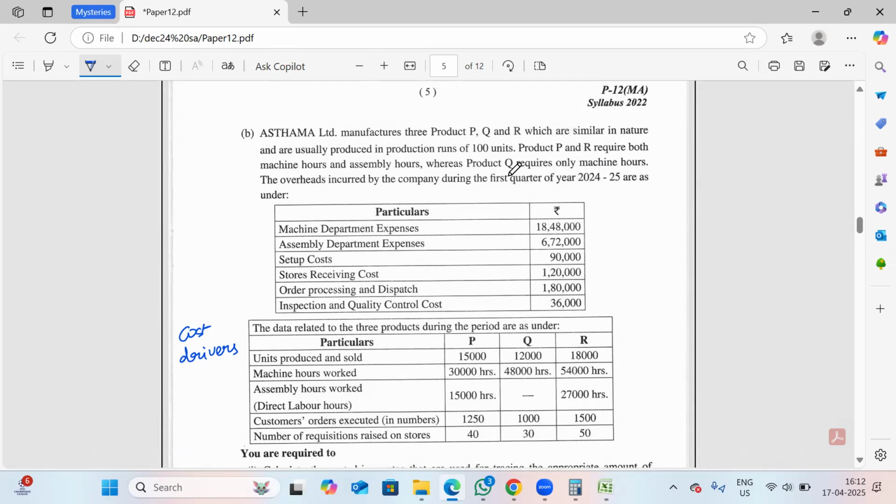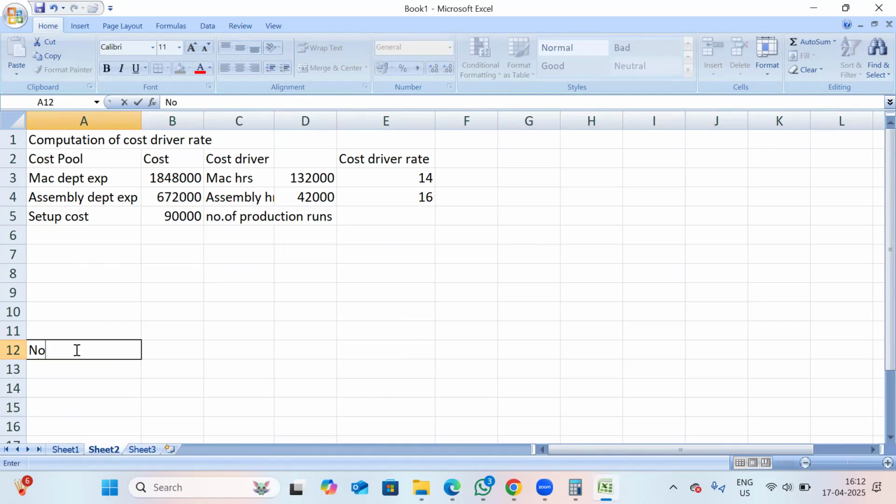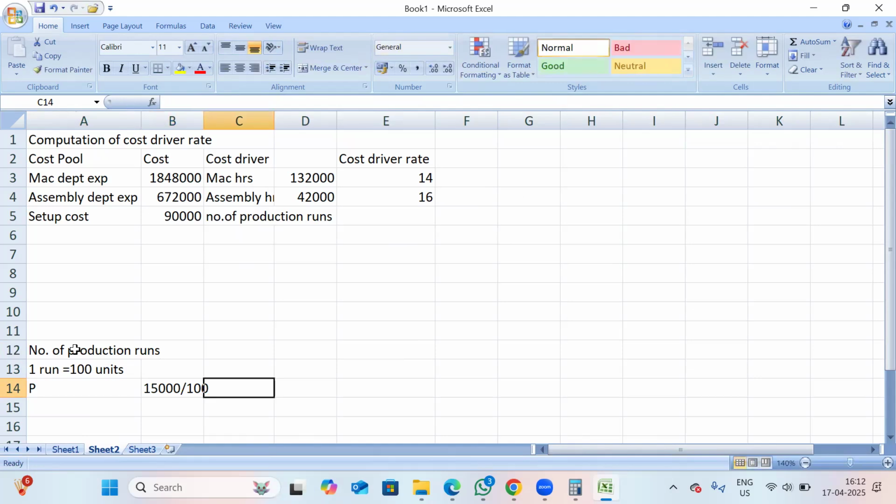So for producing 15,000 units of P, 15,000 divided by 100 means 150 production runs.